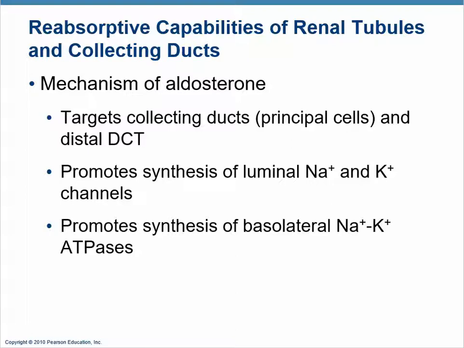You get more sodium and potassium channels on the luminal side, and you get more sodium-potassium pumps on the basolateral side. More sodium is brought back to the body, more potassium is lost.